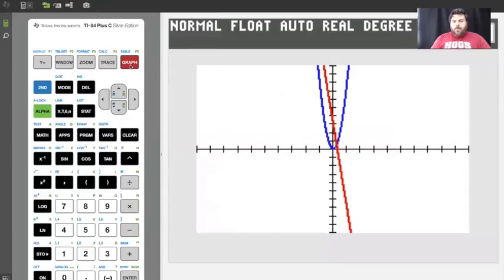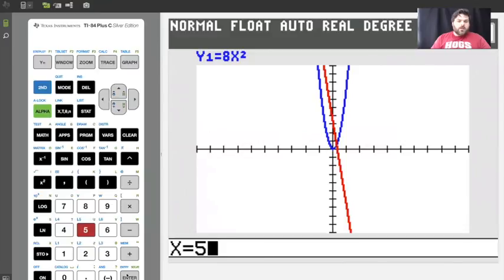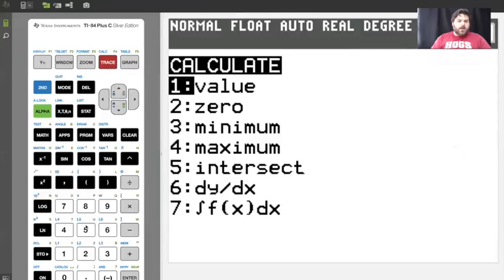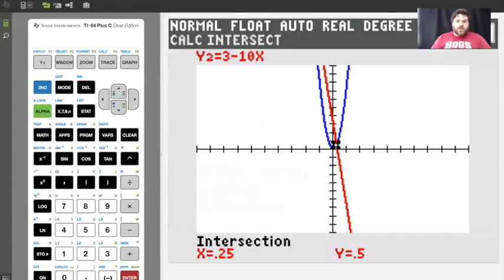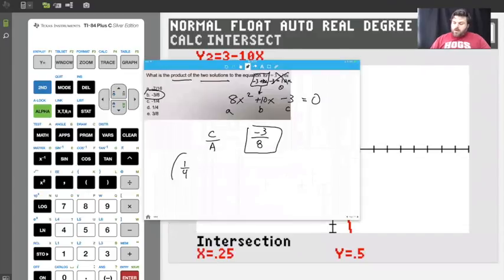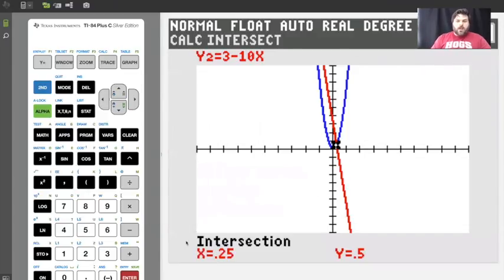Graph them, bam, bam, they intersect twice. Second, calculate number 5, intersection. Intersection is 0.25, so that's 1/4. Okay, 1/4. And then the other one is second, calculate.